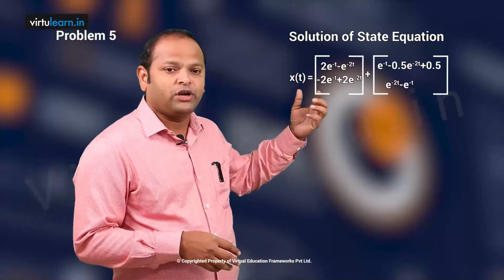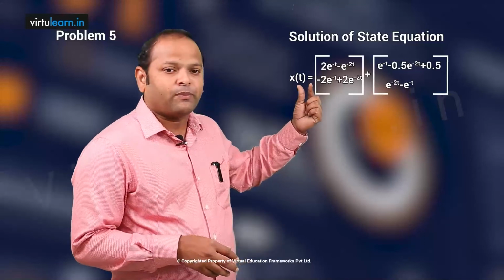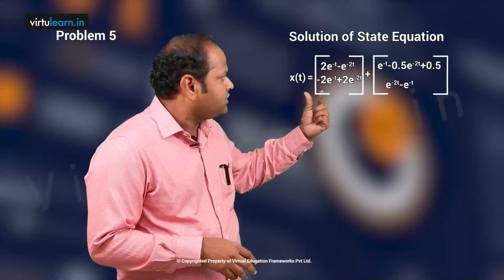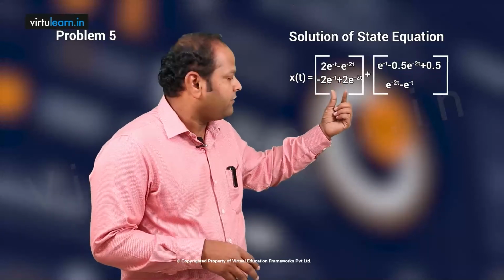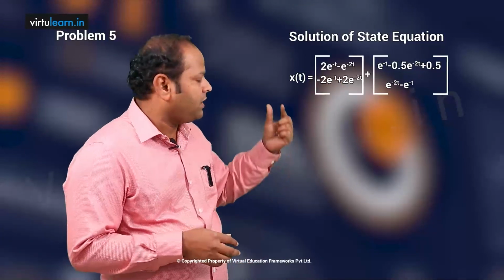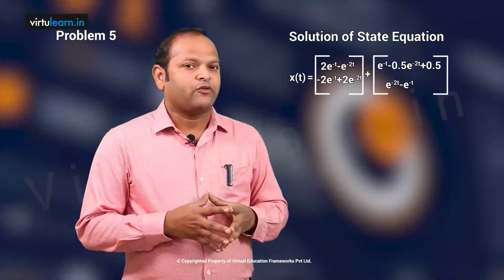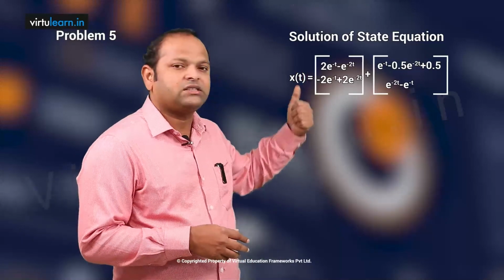The first variable is going to be e power minus t minus 0.5 e power minus 2t plus 0.5, and the second term is going to be e power minus 2t minus e power minus t. So this is x1 of t, this is x2 of t.